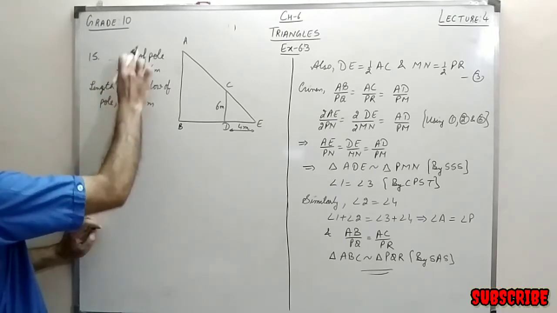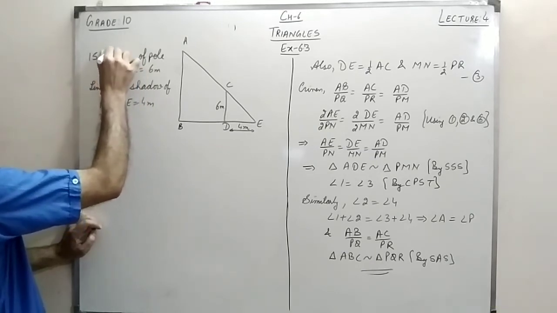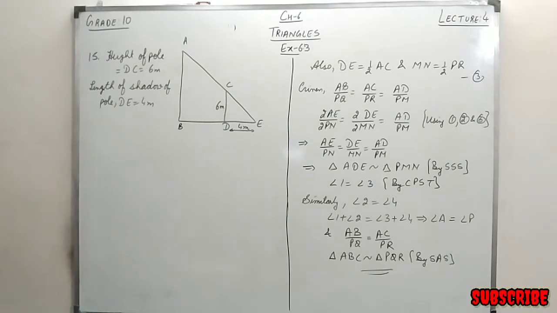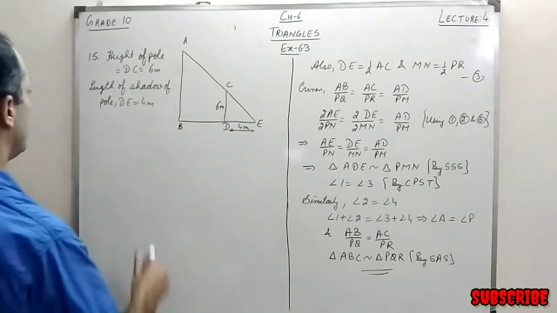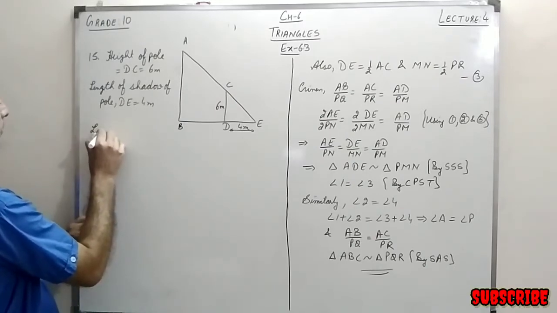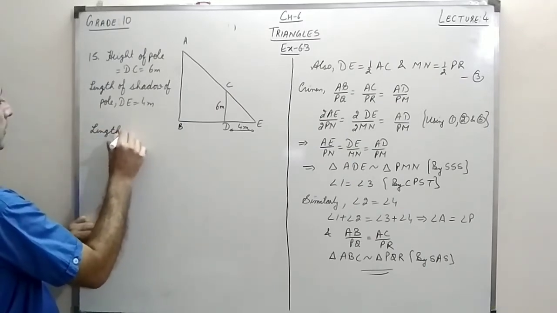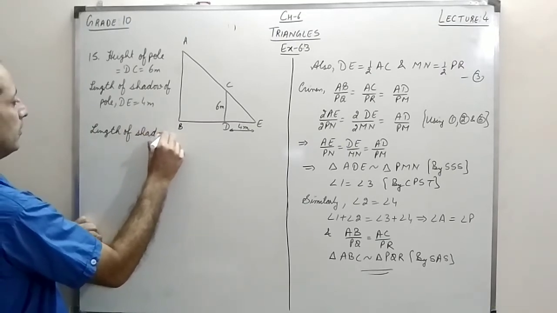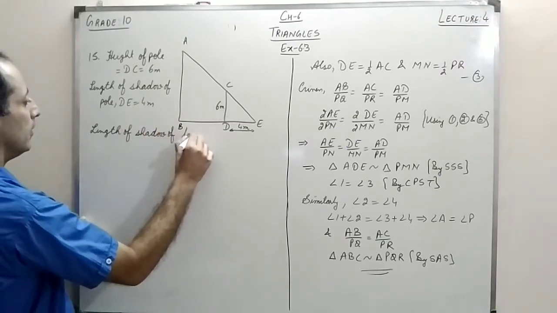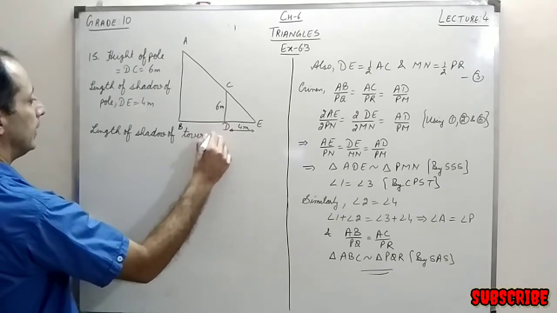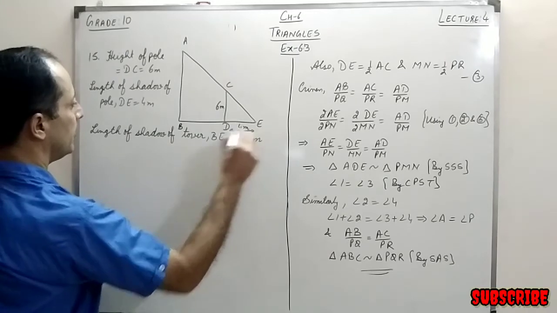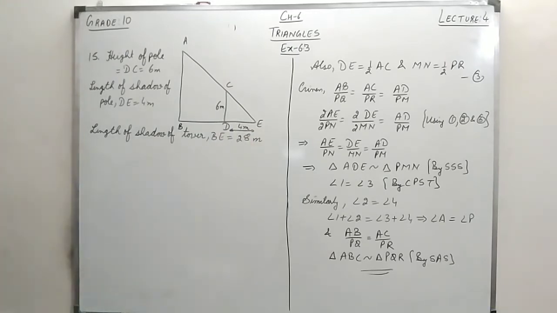Actually this should be height of the pole, right? What else is given to me? That the length of shadow of the tower. Now length of shadow of tower, that is BE is equal to 28 meter. What I have to find? I will find the height of the tower.